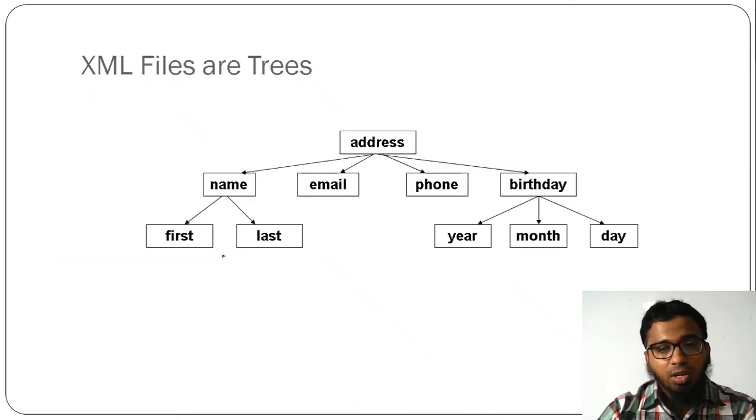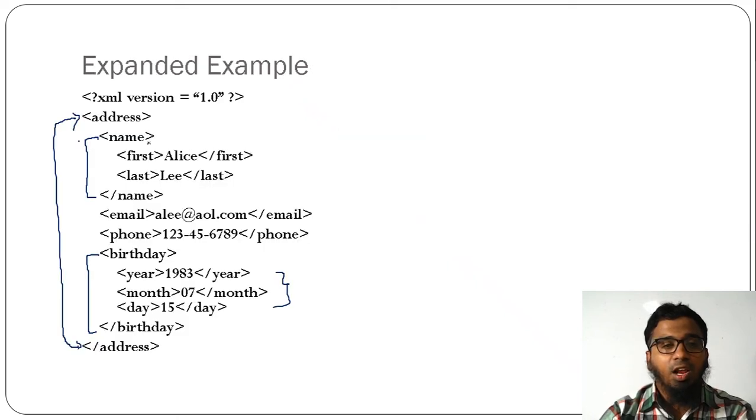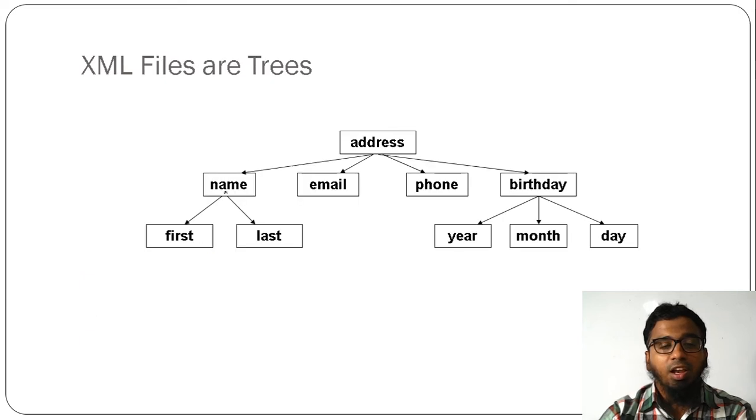Here is how the address is divided: into name, email, phone number and date of birth, like address, name, address, email, phone number and birthday. Then within name, it expands into first name and last name, and birthday is divided into year, month and day.